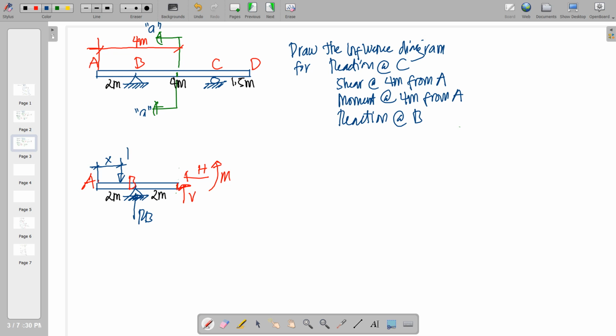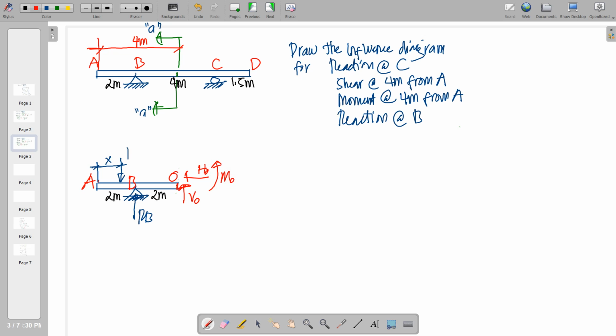So the next step is that we take note that the shear at this point, I'll just indicate that by point O. So that is VO and this is MO.